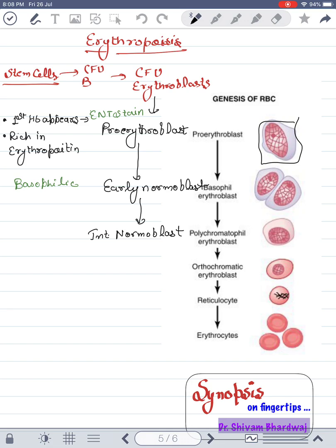These intermediate normoblasts mark the hemoglobinization. That means there is appearance of hemoglobin which can be detected by the routine stain itself. So we can detect it by routine stain also.